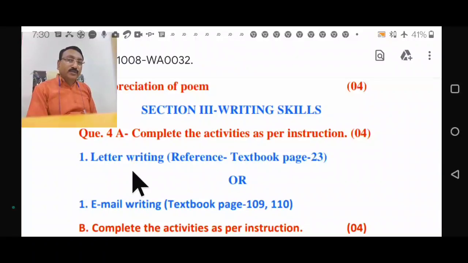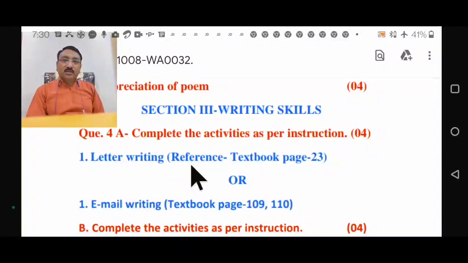If the addresses are given, the students are expected to make use of those addresses given in the activity sheet. And if the address of the sender or the receiver is not given, then the student can use an imaginary address of the sender and receiver.